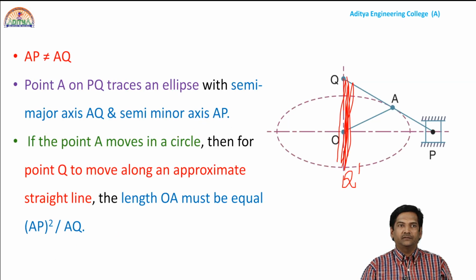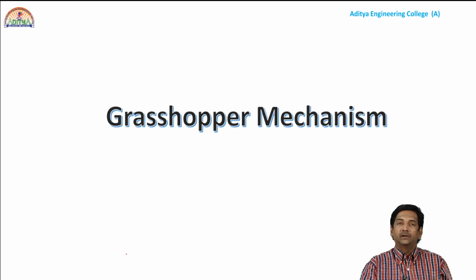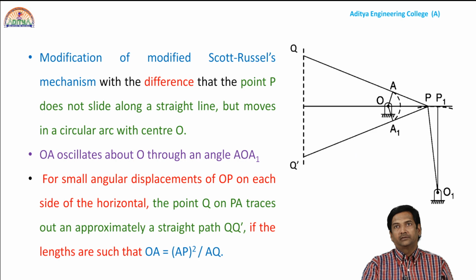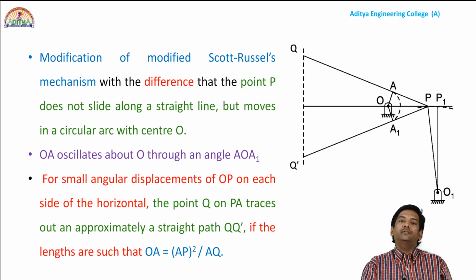Now, the slight modification of this Scott-Russell mechanism will enable us to have an approximate straight line mechanism. Now, to this we are having another thing, the Grasshopper mechanism, another approximate straight line mechanism. So, this is a modification of the modified Scott-Russell mechanism. Just like in research, we are having a small addition or advantage over the existing one.